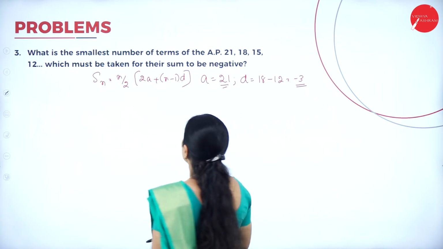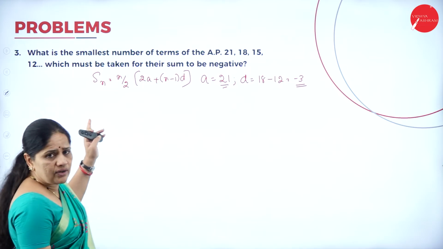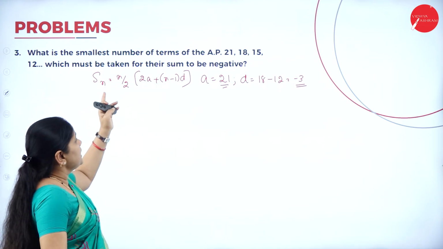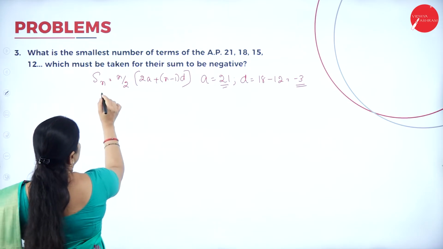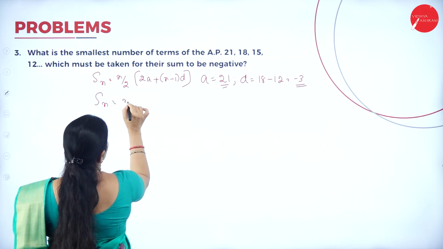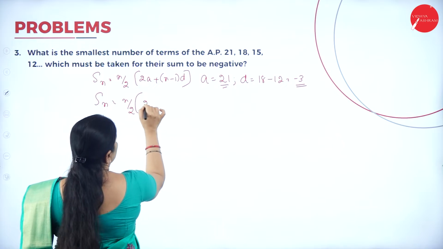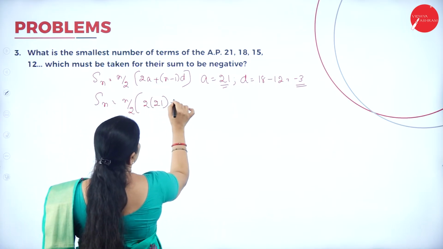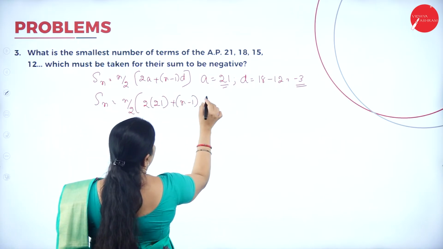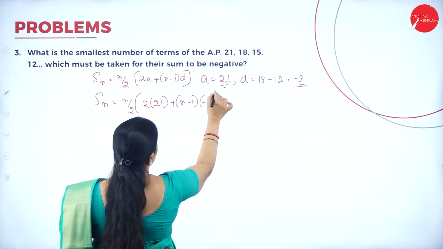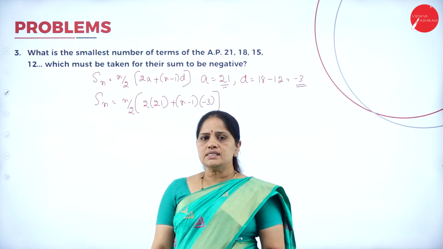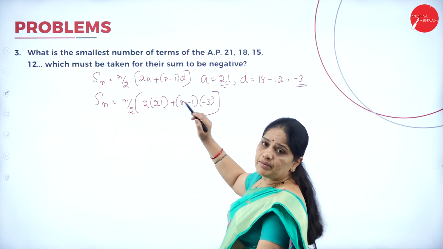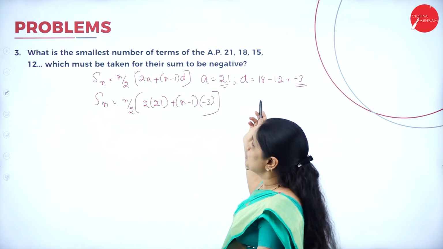Now we substitute the values in the formula so that we get the value of n. So I write it here, Sn will be equal to n by 2 into 2 into 21 plus n minus 1 into minus 3. They have asked us in this question, what is the smallest number of terms to be taken for the sum to be negative?